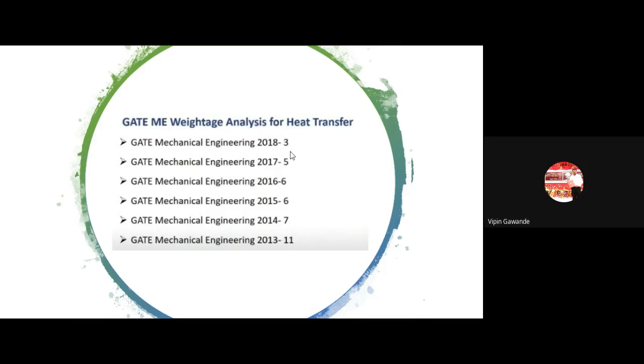If we take the average, a minimum of 6 to 7 marks of questions have been asked in the examination for the total heat transfer subject. Out of that, the maximum number of questions are asked on the heat exchanger topic. So we'll discuss this topic in today's session in detail.